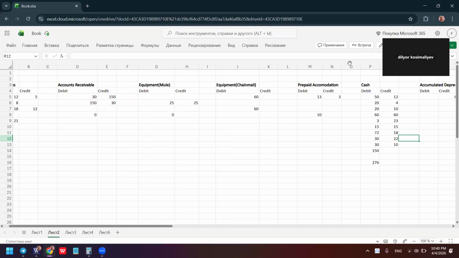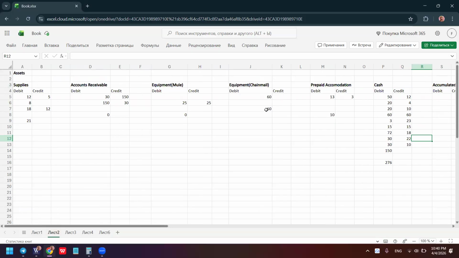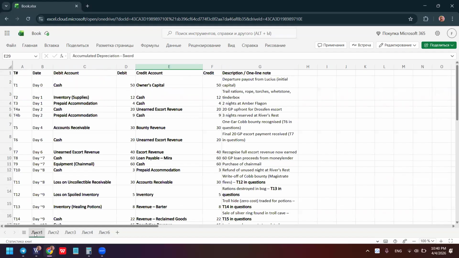Here, we have the cash from escort. It's this one, so I can show it here. So cash, unearned. Prepaid cash and unearned escort, so it's not paid, so we count only 20 here for now.